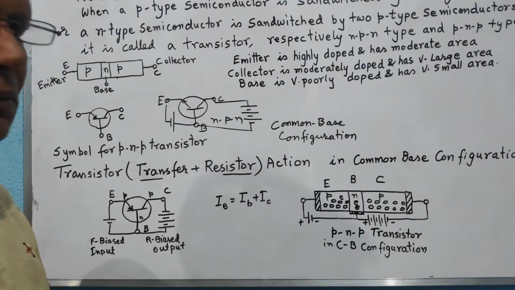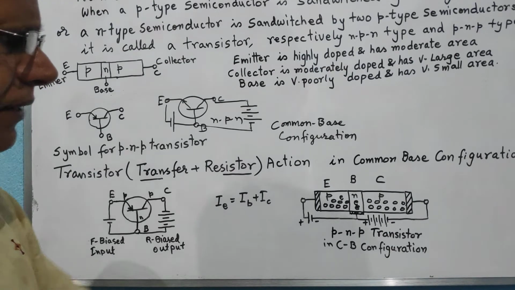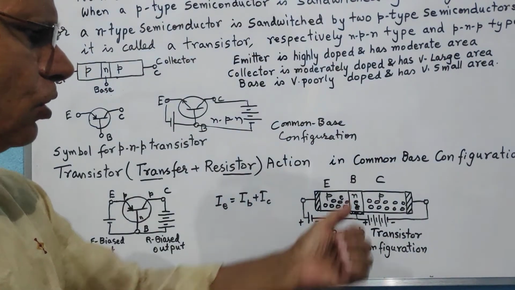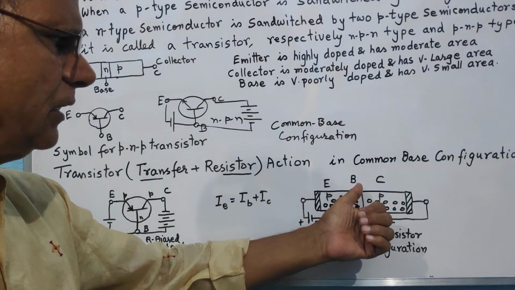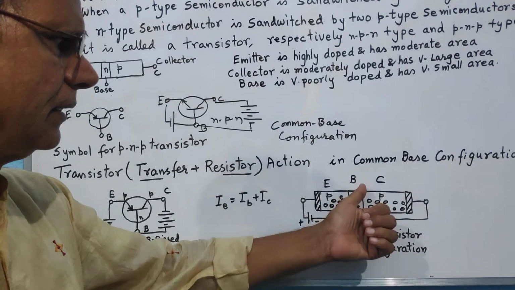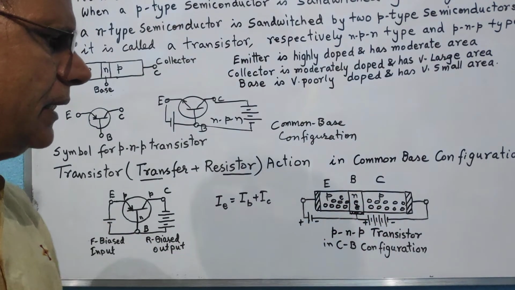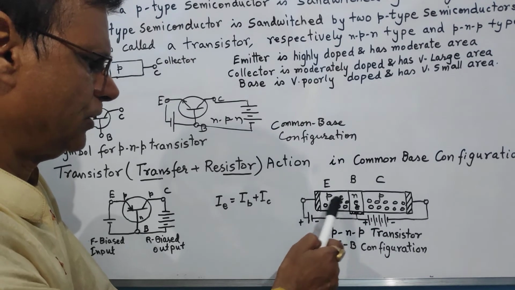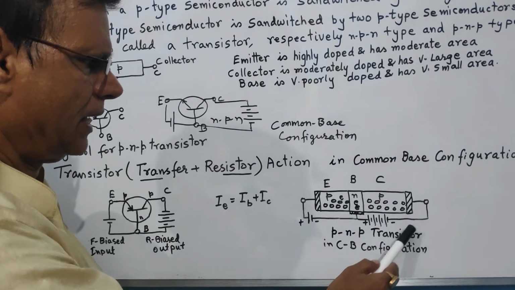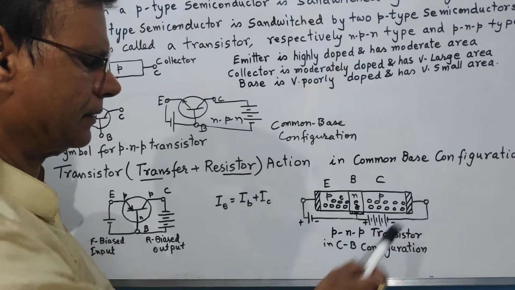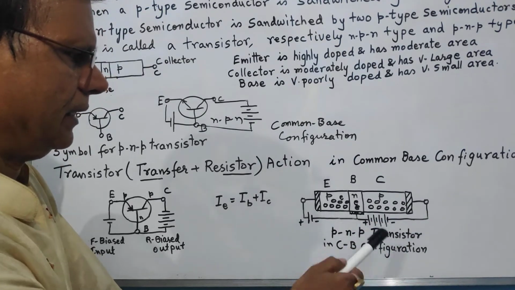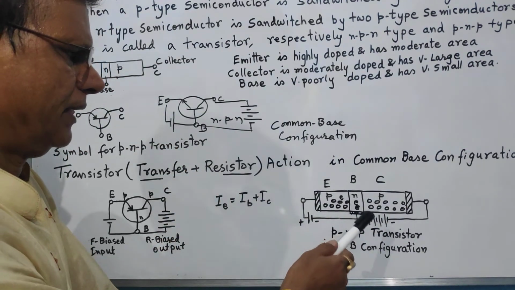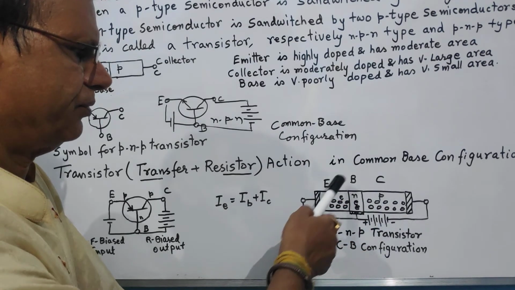find less space in base and also a favorable field of the collector pulls them across the barrier potential of the base and collector region. Here is the barrier potential of base and collector region, and that barrier potential is overcome by these holes under the influence of high potential of the collector, and due to reverse bias, once these holes are able to reach the collector plate, it provides a large current flowing across it.